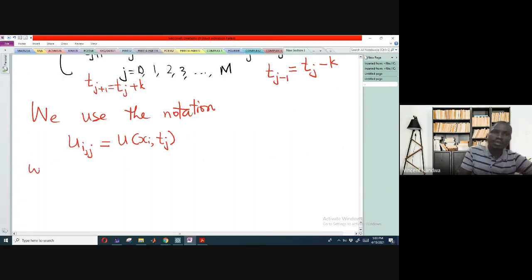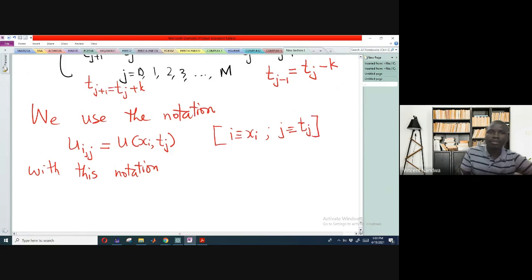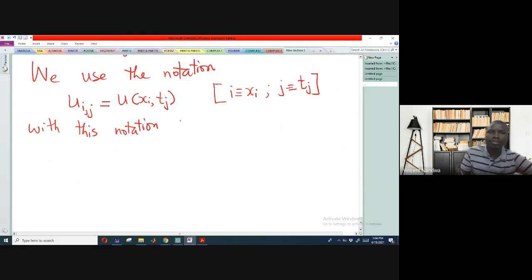So with this notation, when you see an i, you remember that it means x sub i, and when you see a j, you remember that it is t sub j. That's what we mean by that notation. So using this notation, in 3, we can derive those partial derivatives in this form.